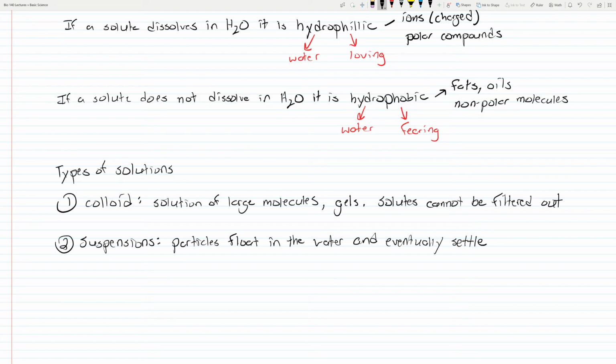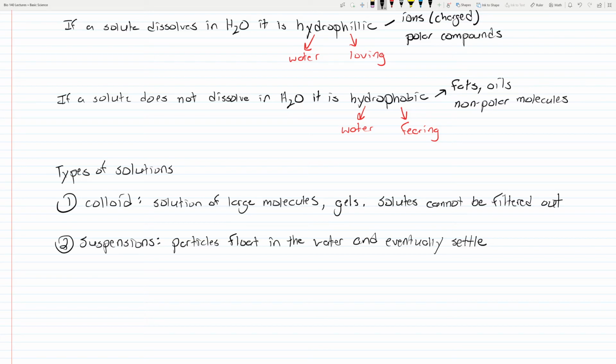The best example of this is sand. You ever put sand in water? You shake it up. You can actually see the sand float in the currents of the water itself. And then if you leave it alone, the sand will settle down to the bottom of the container. That's one you've seen commonly.